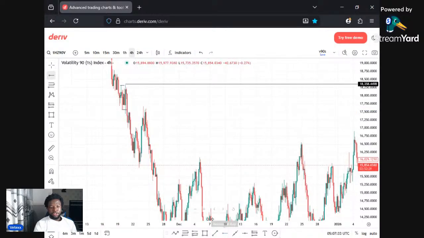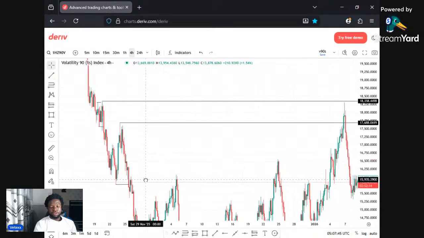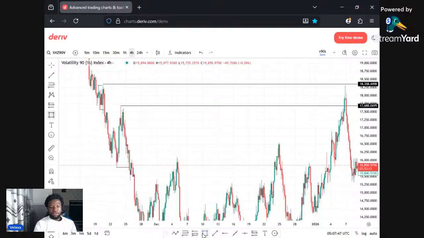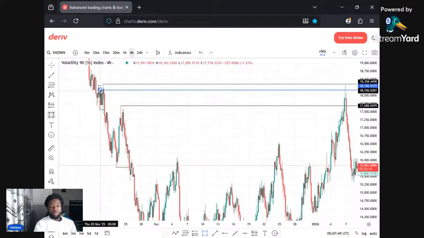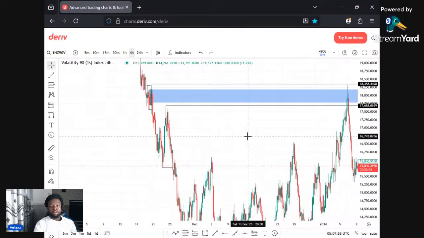And then price retraces 50% to give us our structural liquidity, which is this. And then price breaks the newly created low, giving us our second break of structure, which is this. And this whole zone becomes our POI. So price will need to tap into the POI and go in the opposite direction.